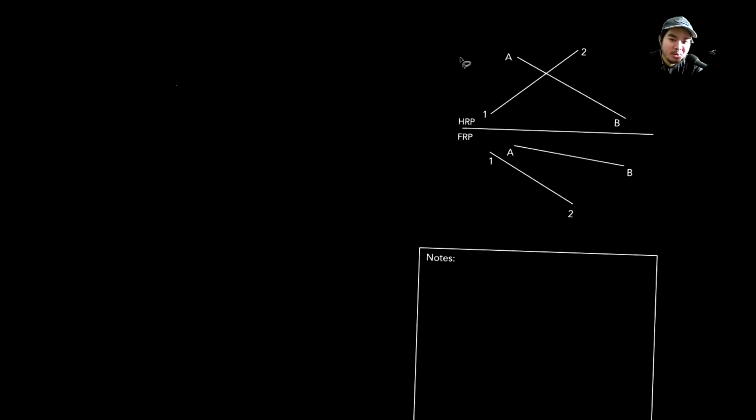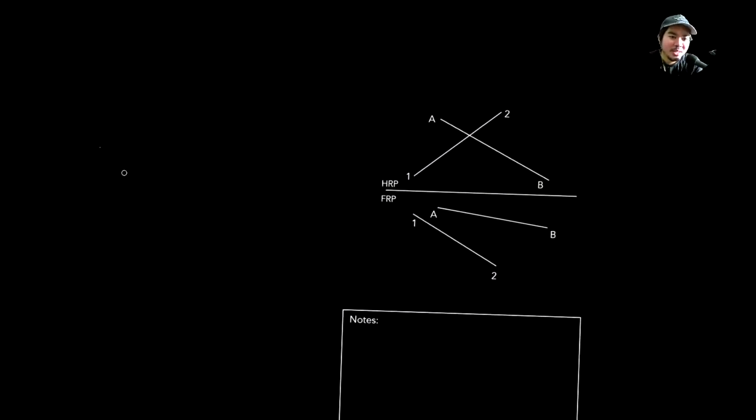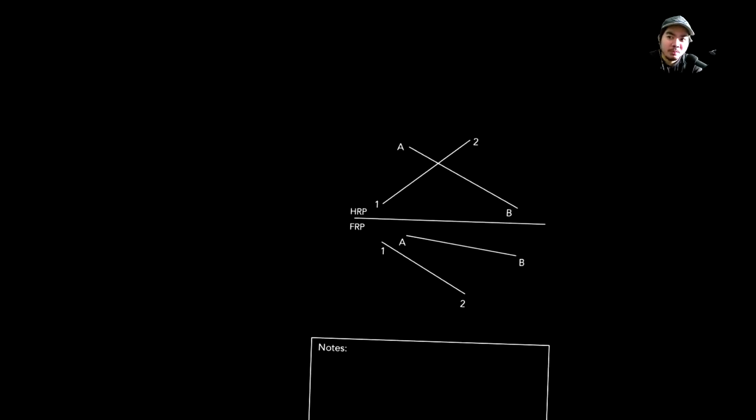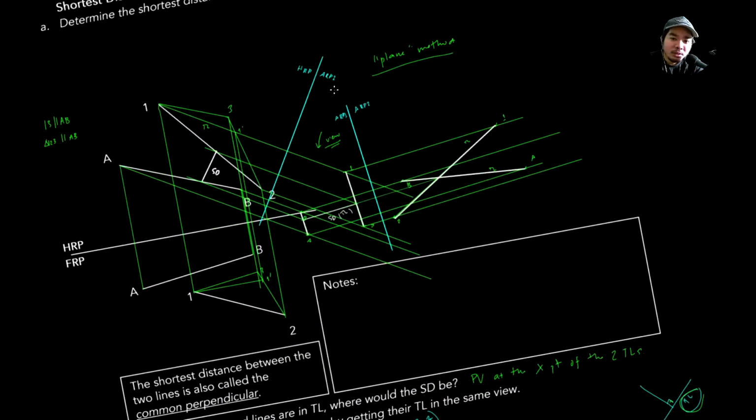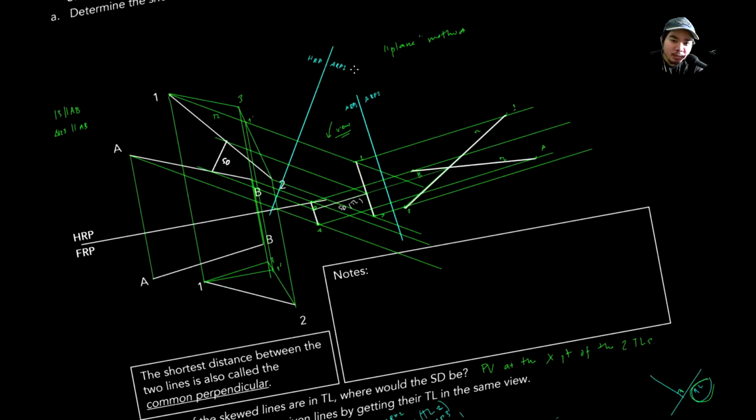Pero hindi ko na i-explain kung bakit ang steps na ita-take natin is the steps that I'll be showing you today. Okay? So, the first few steps is similar to the plane method. Aabot tayo dito sa view na to. Ito yung importante, kailangan umabot tayo sa ARP1.